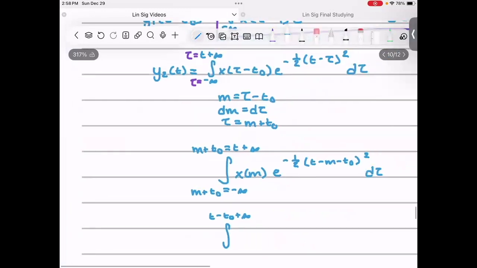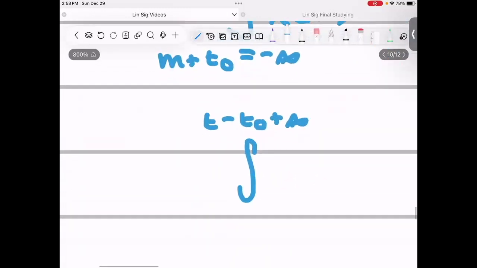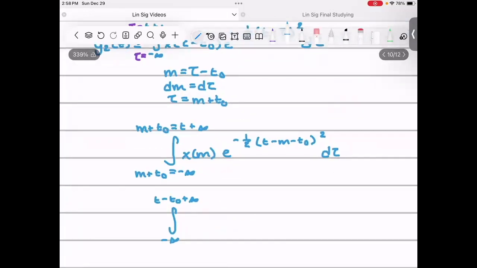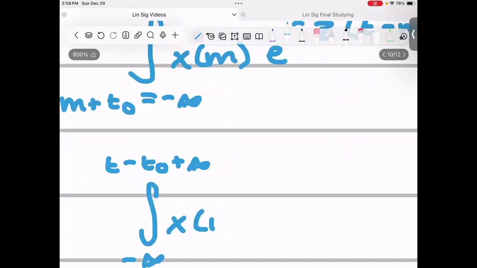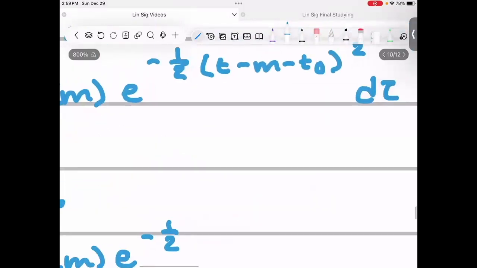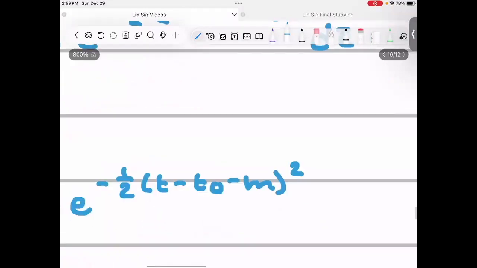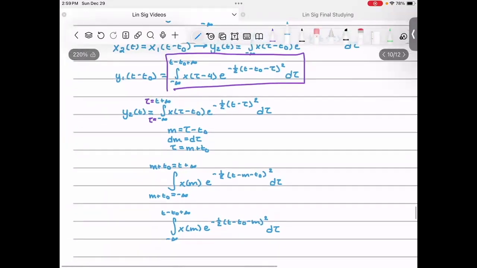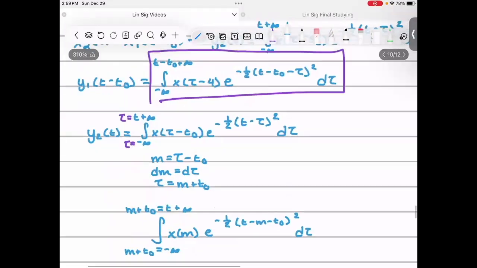The m is implicit at this point, and then we're going to have negative infinity minus t naught, which is just the same thing as negative infinity, because if you're subtracting anything from negative infinity, it's just going to be negative infinity. x of m e to the negative 1/2 t minus t naught minus m squared d tau. Does this look familiar at all? It does, except that I forgot the 4.